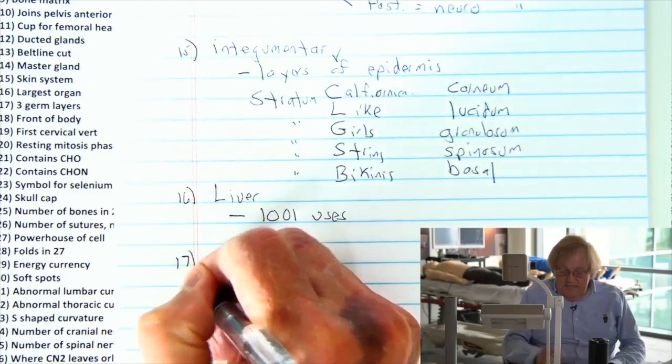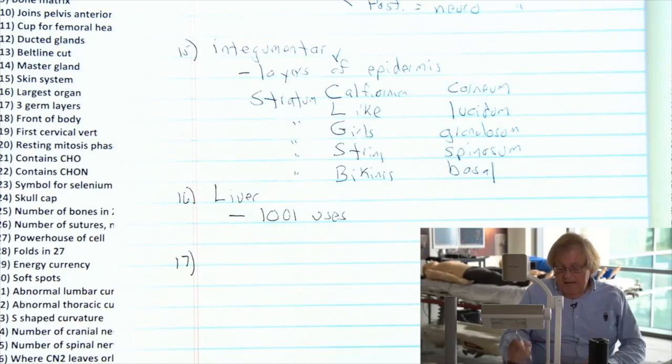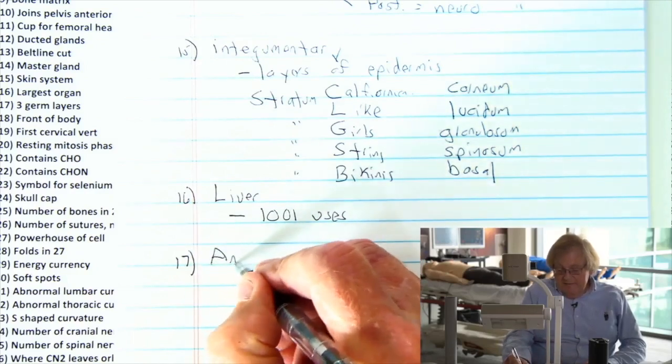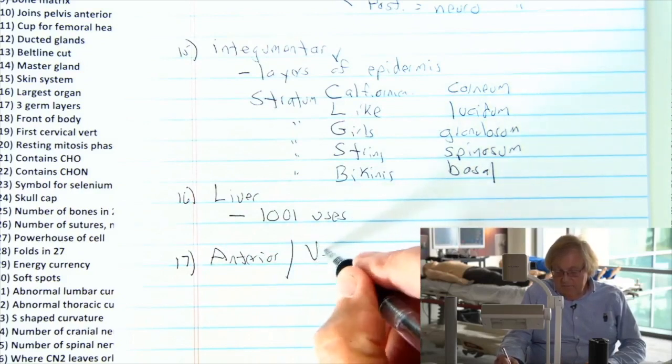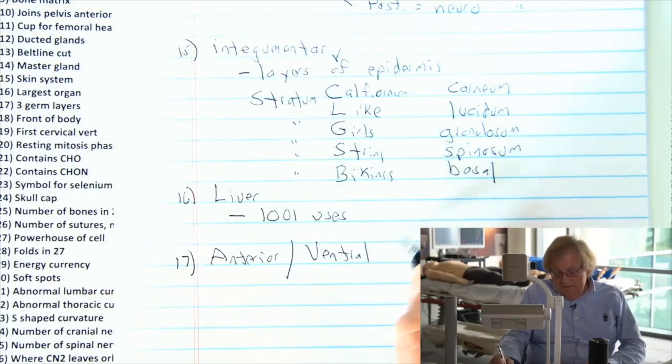Number 17 says front of the body. That's either going to be anterior, or another name could be ventral, or sometimes we'll just say the front of the body.